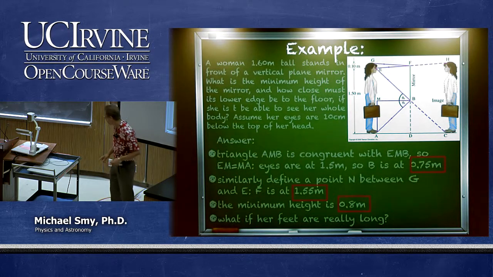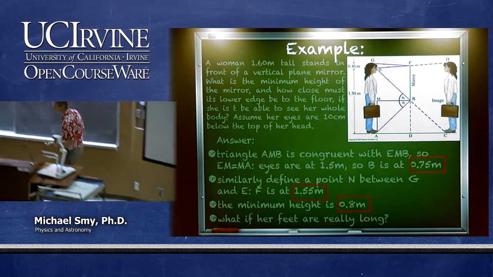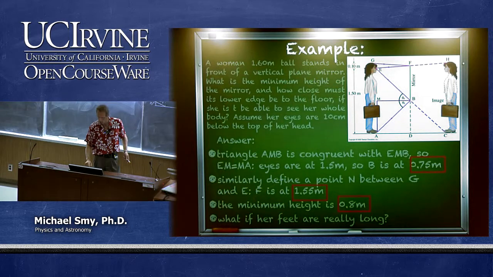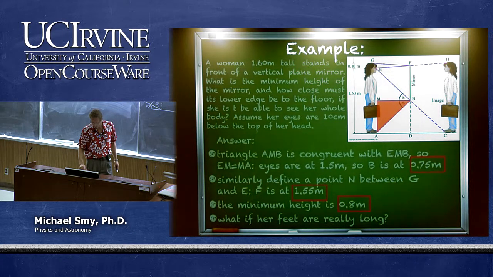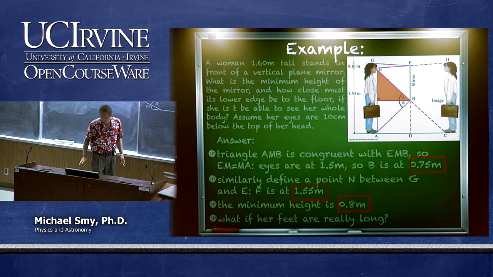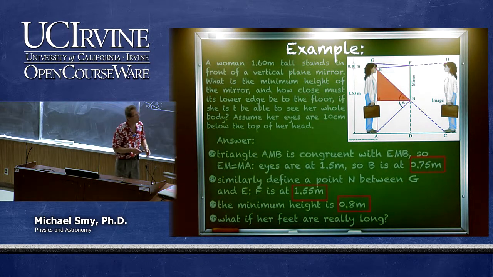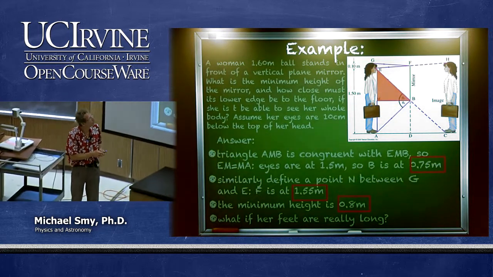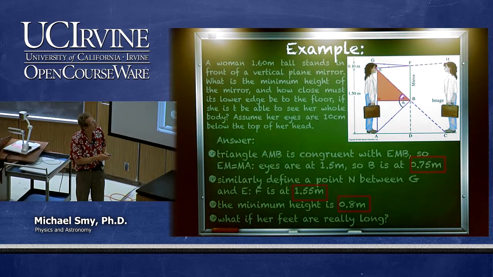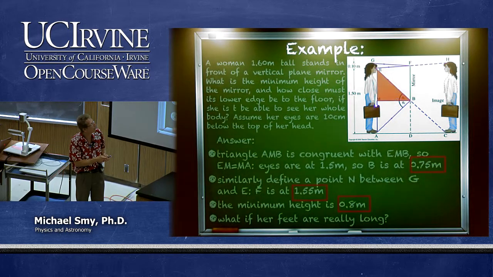And we observe that the triangle formed by M, A, and B, so this one, is congruent to the triangle M, B, and E, or that one. And the reason is, as before, that this angle here must be equal to that angle there.